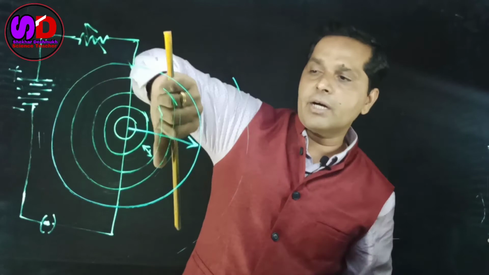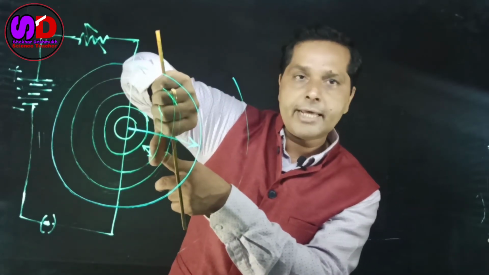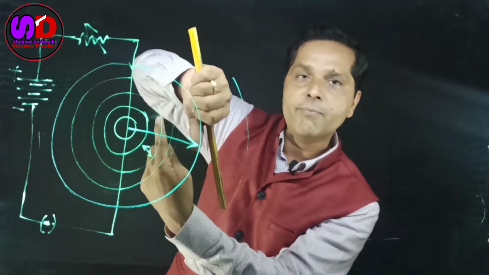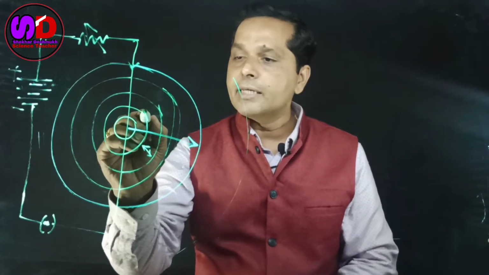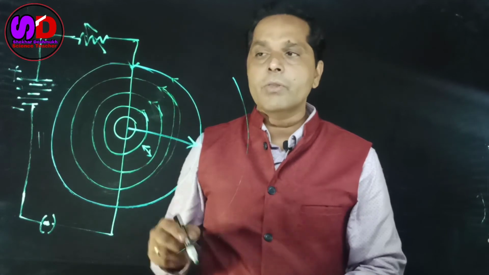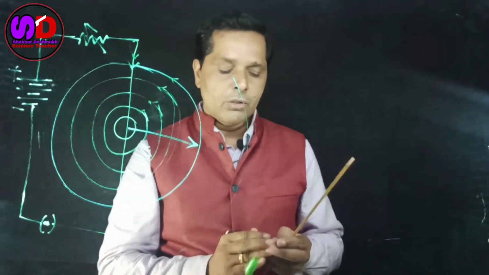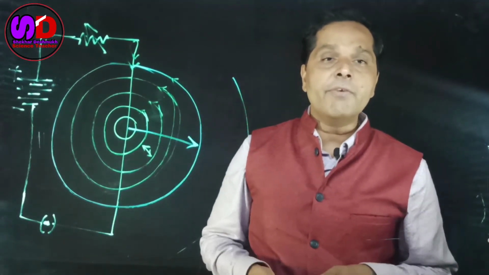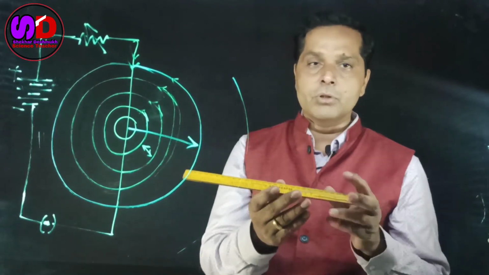But if the current is in the downward direction, the thumb shows the direction of electric current, then the curled fingers give the direction of magnetic field. So the magnetic field lines in this case are in this way, because the current is in downward direction. So what should be the direction of magnetic field if the current is flowing in the right direction, suppose?